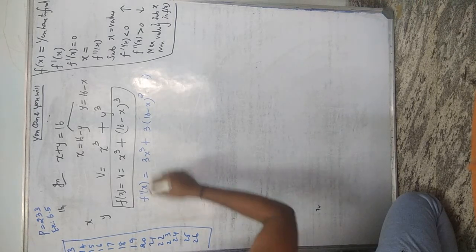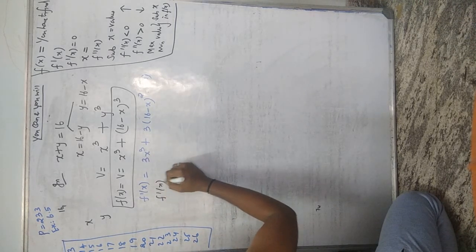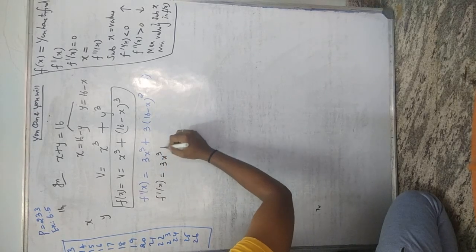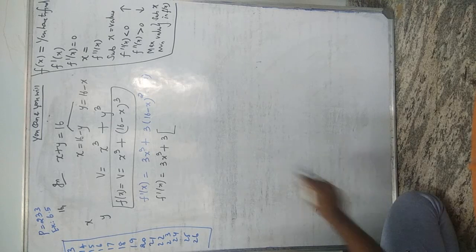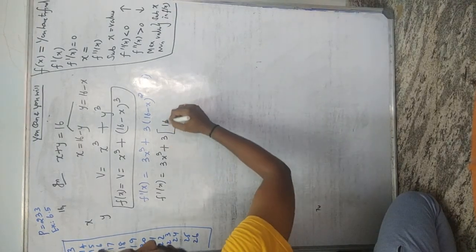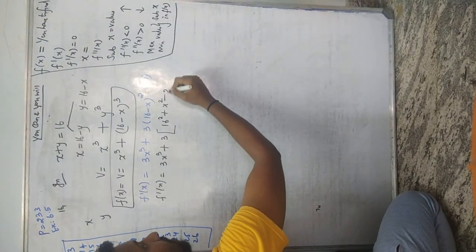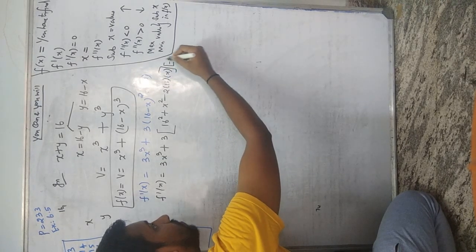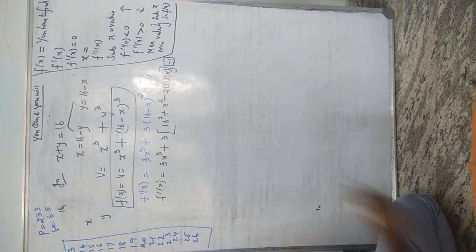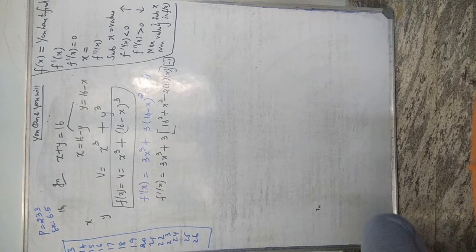So I'll simplify first of all. f dash of x is equal to 3x cube plus 3 times 16 minus x whole square, that is a square plus b square minus 2ab, into minus 1, not to forget this one.